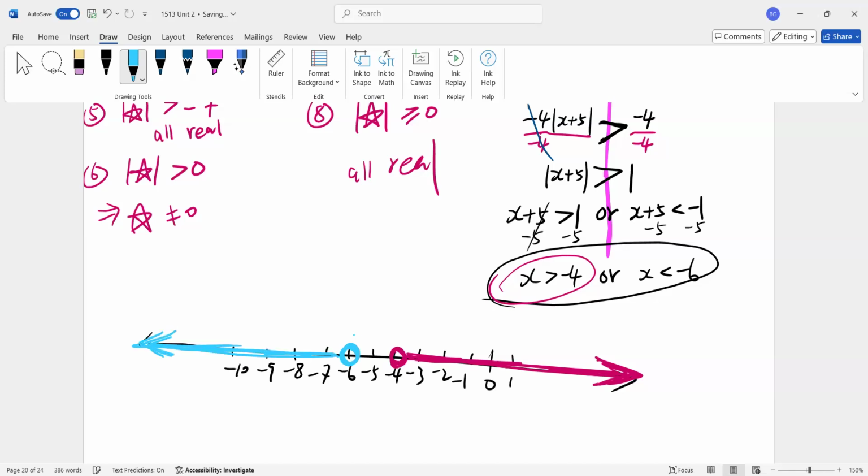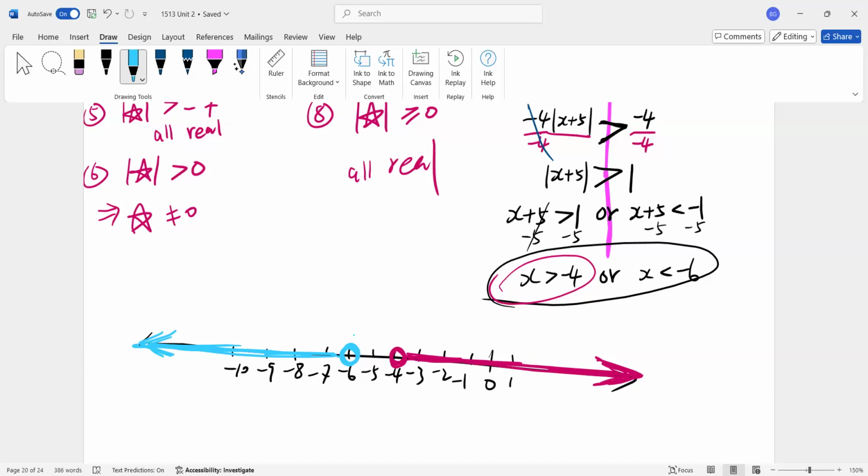All right, so in the middle, the logical connective is OR. And what's our solution? Any region on the real number line that is colored, it doesn't matter what color, either red or blue or both. We don't have both in this case.